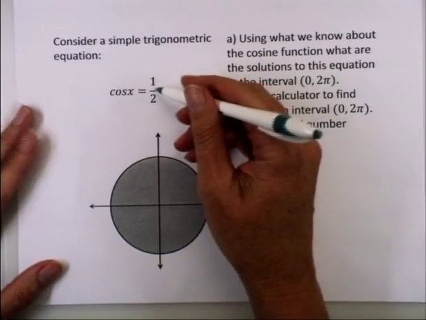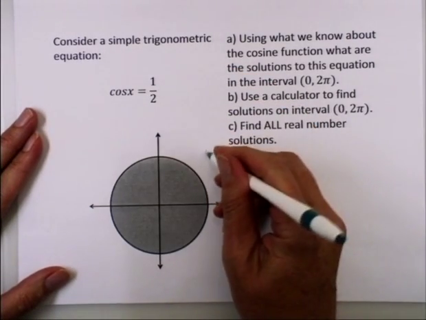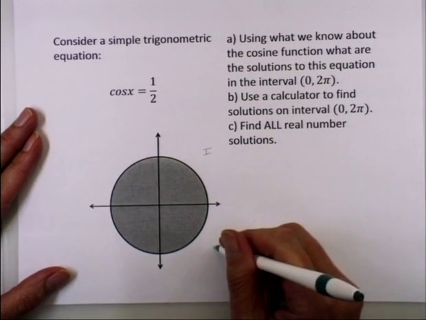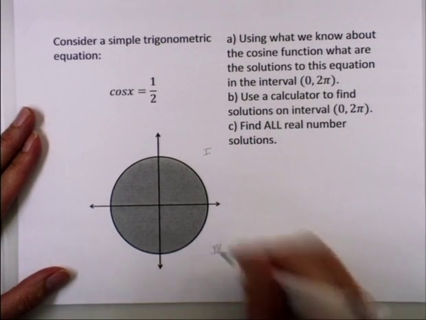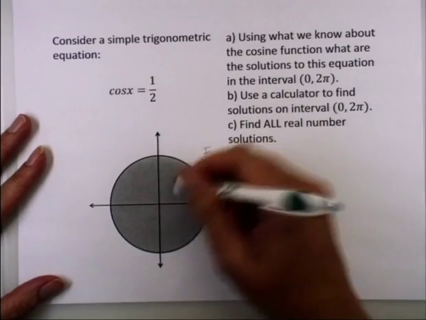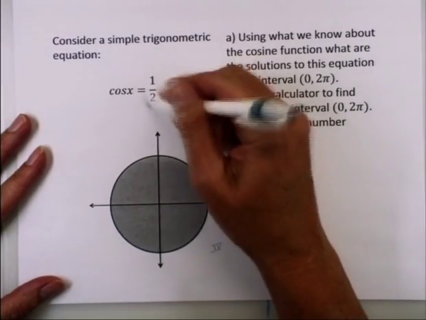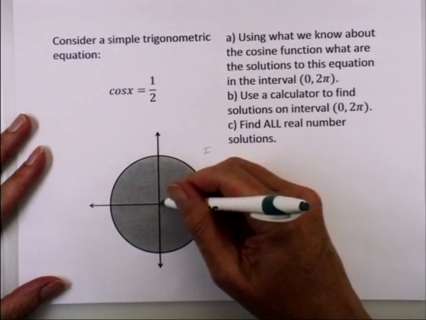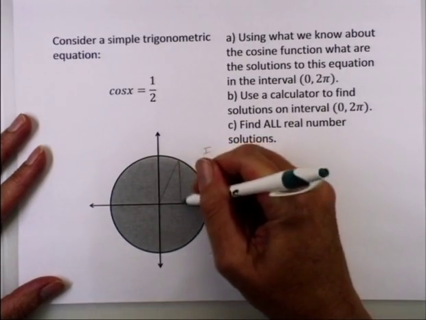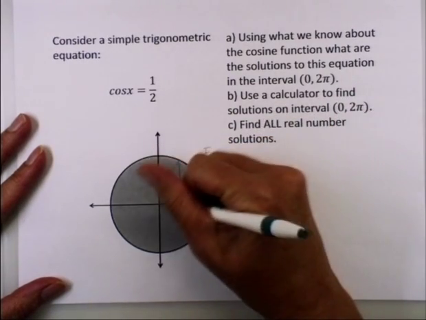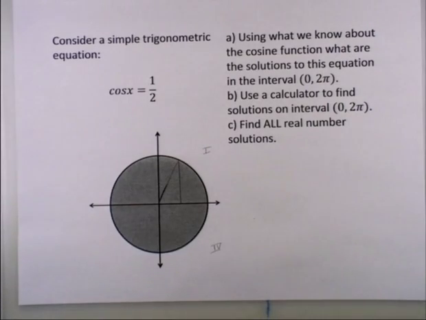So I know that the cosine is positive in quadrant 1 and quadrant 4. I should recognize this, but if you don't, you can draw a reference triangle.